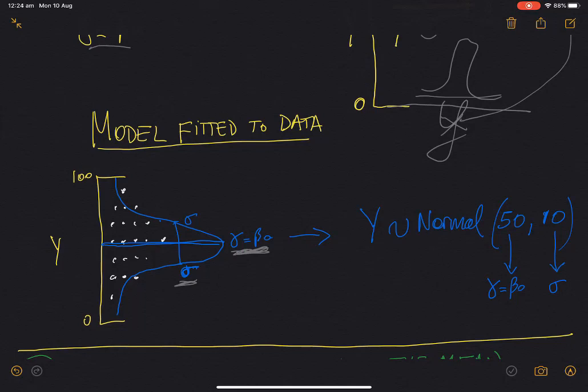We may decide the parameters of the distribution before observing the data. And that is actually, to me, a better way of doing this, but it's not the traditional way. That's the Bayesian way.